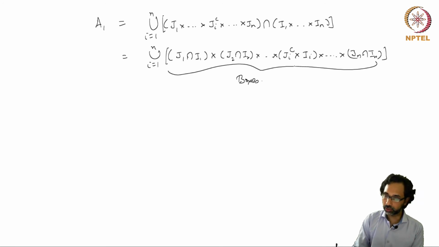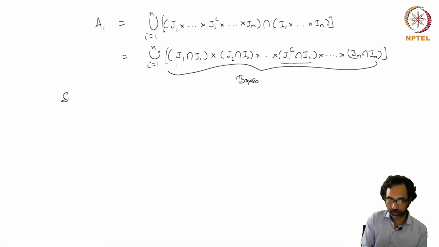So the idea is to show that if you have 2 intervals, of course their intersection can either be empty or it will be another interval. So intersection of 2 intervals is an interval. If you can show that the intersection of the complement of an interval with another interval is also an interval, then we would be done, because then it will be a Cartesian product of intervals, and so it will be a box.